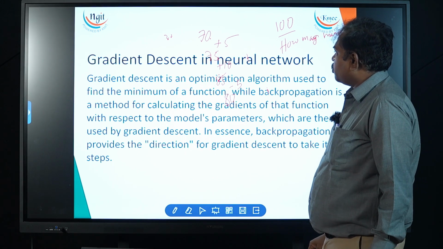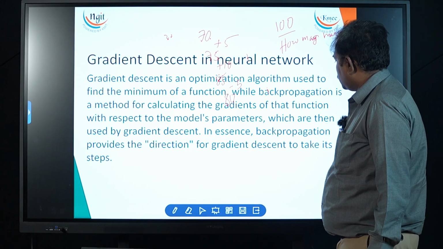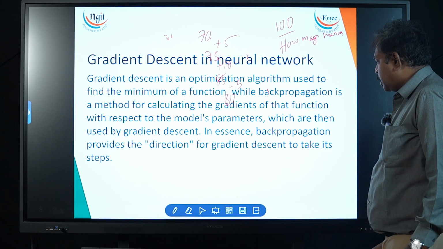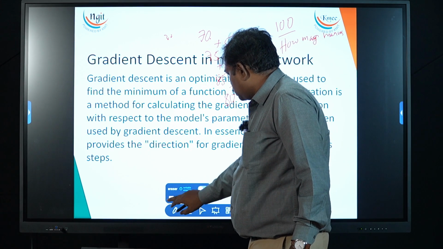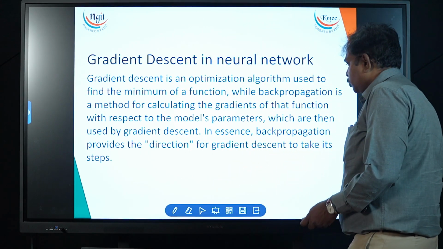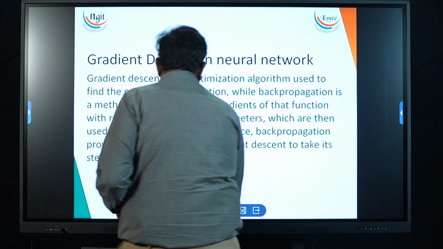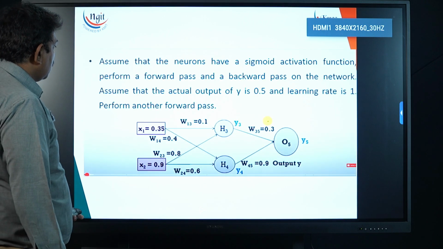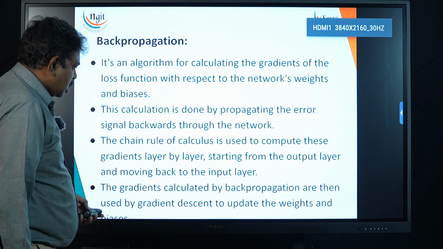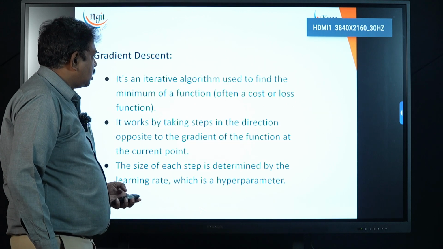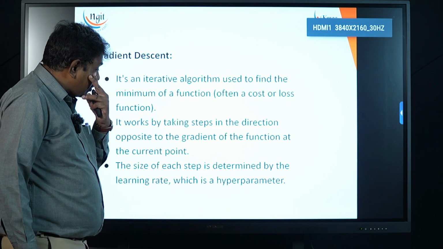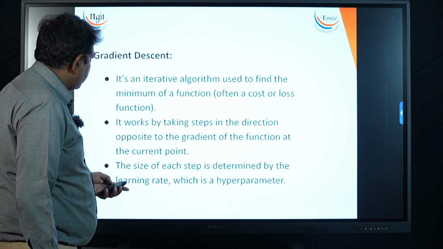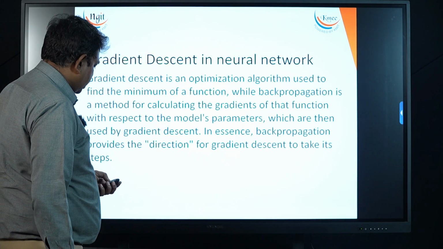The same concept we use as gradient descent in our network, where the prediction is not correct. To minimize that loss, we again use backpropagation techniques in the backward direction, and we adjust the weights.